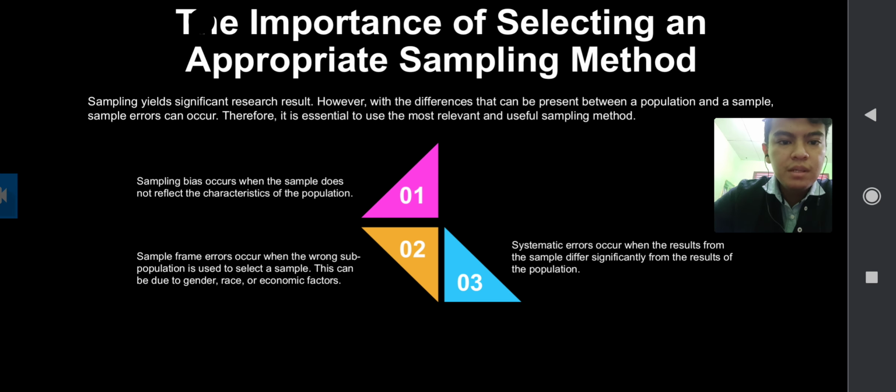This can be due to gender, race, or economic factors. The third, systematic errors, occur when the results from the sample differ significantly from the results of the population. So that's why we have to select appropriate sampling methods.